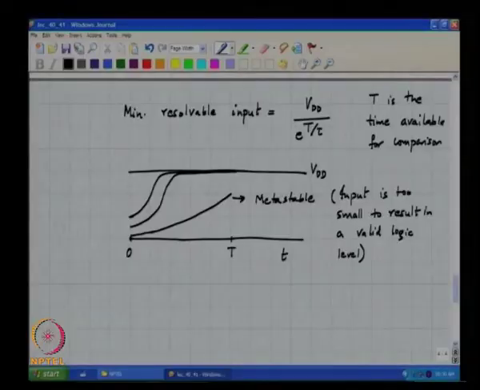So, in other words, the delay or the time taken for a comparator to make a decision is dependent on the magnitude of the input.